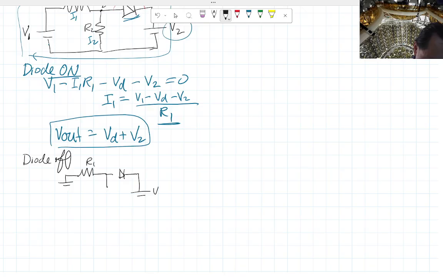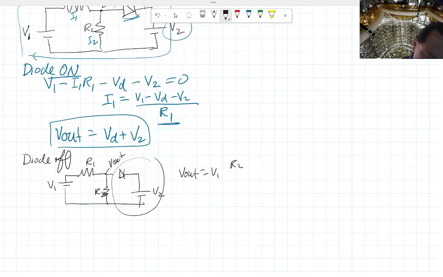You still have V2 here, you have V1 here, you have a resistor going to ground. In this case, you can just completely ignore this side of the circuit, because it's not completed. V out is still here. So in this case, V out is actually just a voltage divider, which is going to be V1 R2, that's a 2 down here, over R1 plus R2.